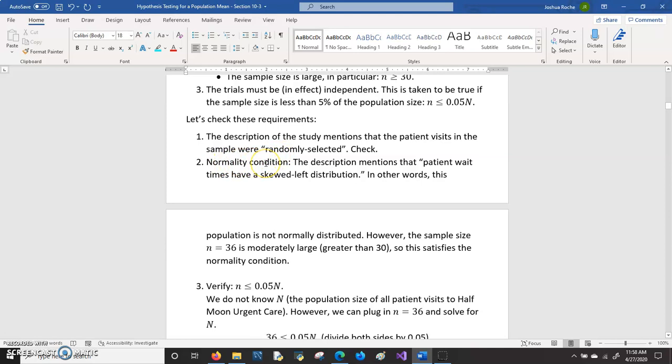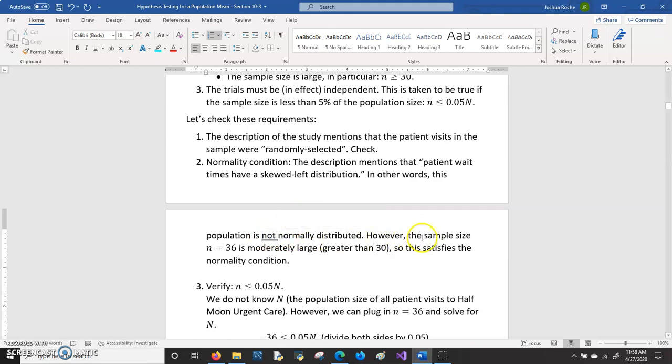The second thing is to check the normality condition. In the description of this test, it does mention that patient wait times have a skewed left distribution. In other words, the population of wait times is not normally distributed.